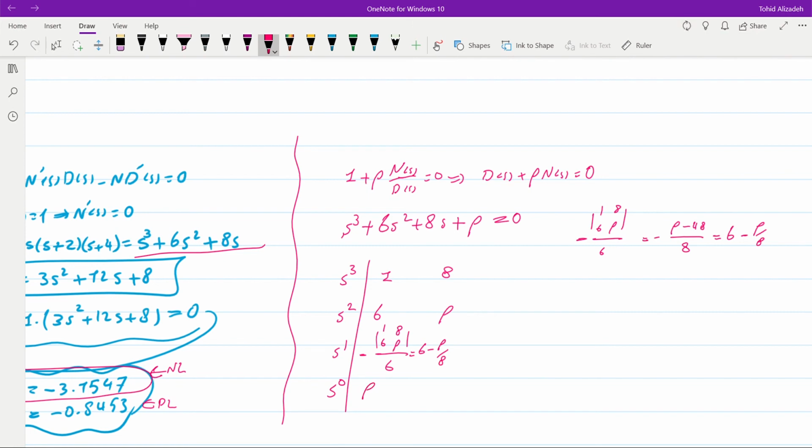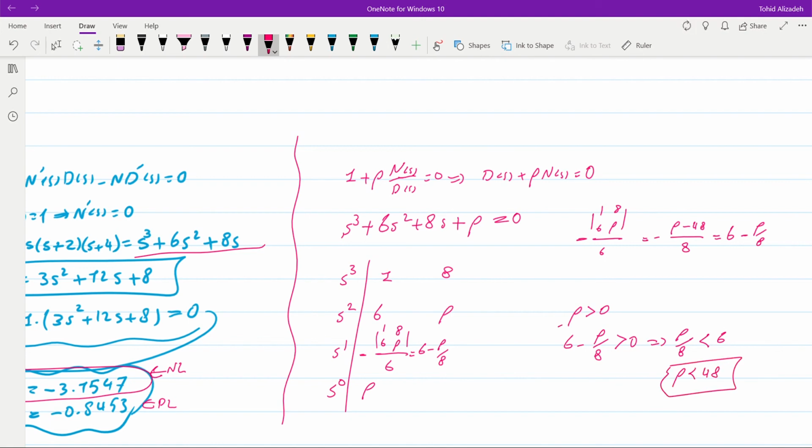So if you want to have our system stable, we would need to have rho bigger than 0 and 6 minus rho over 8 bigger than 0. 6 minus rho over 8 bigger than 0 means that rho over 8 should be smaller than 6, or rho should be smaller than 48.